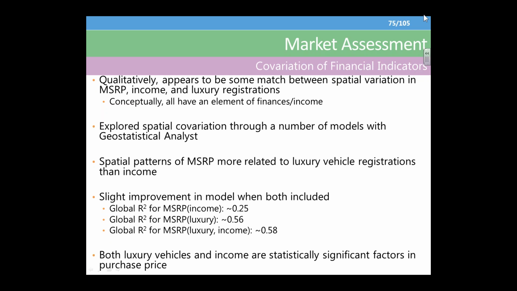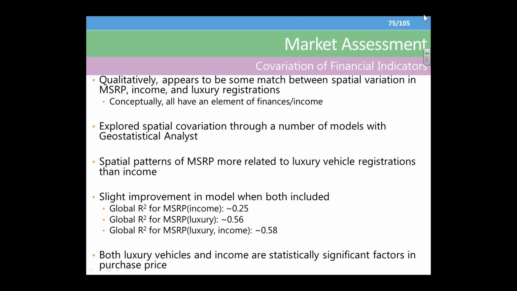So we did look at the spatial covariation, essentially how much these factors change together across the state. We found, a little bit surprisingly, that the spatial patterns of MSRP were more related to luxury vehicle registrations than to income.